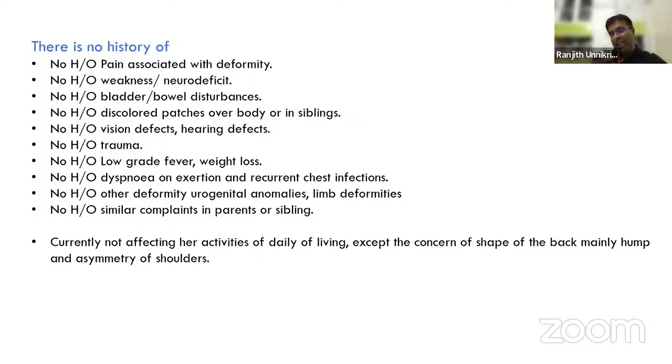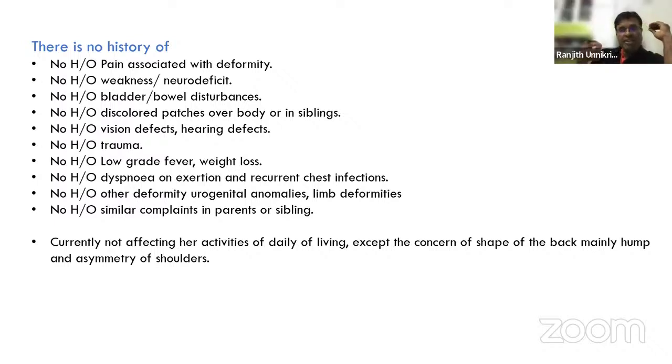The question is, if somebody else in the family had a deformity, what is the implication of that in the treatment or in the prognosis of this child? So if the child is presenting with any such deformity symptoms, then we'll think more inclined towards the family history aspects.